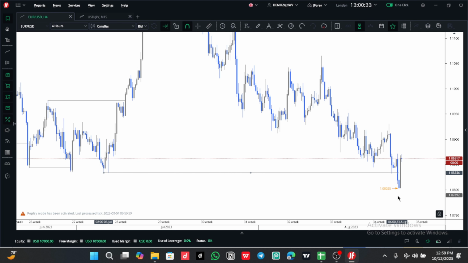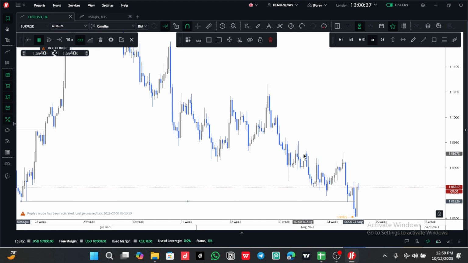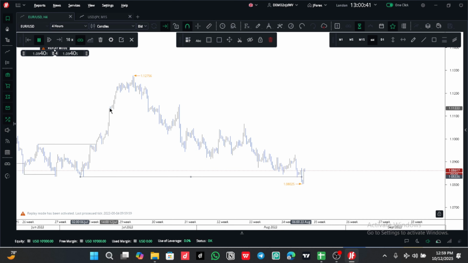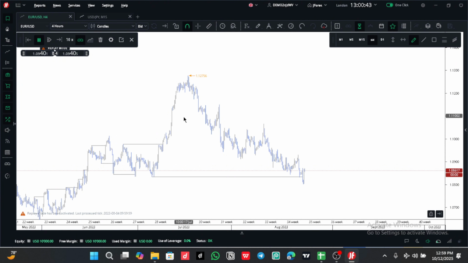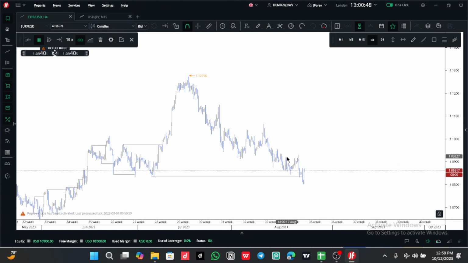See, it took out the low, closed with a body candle, nice push down. Okay, so now they've given us this huge 4 hours range, right?